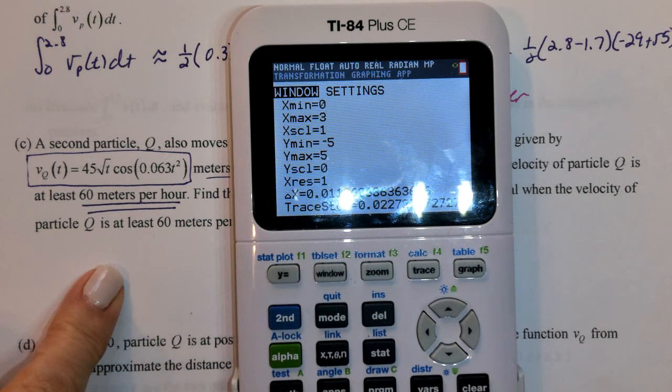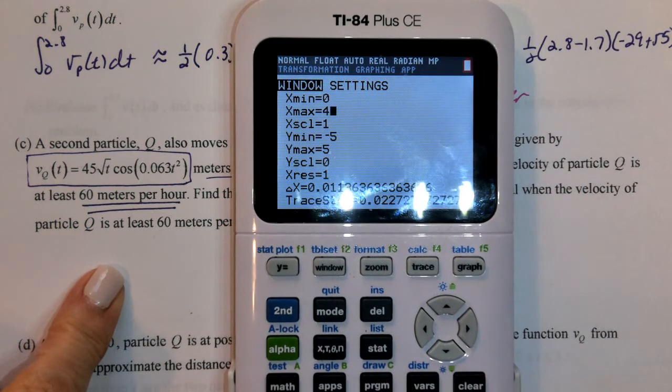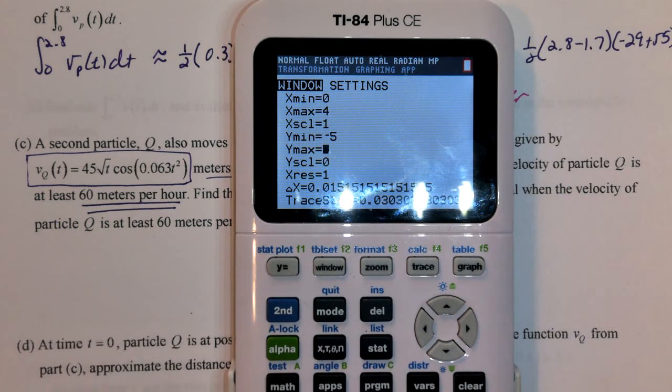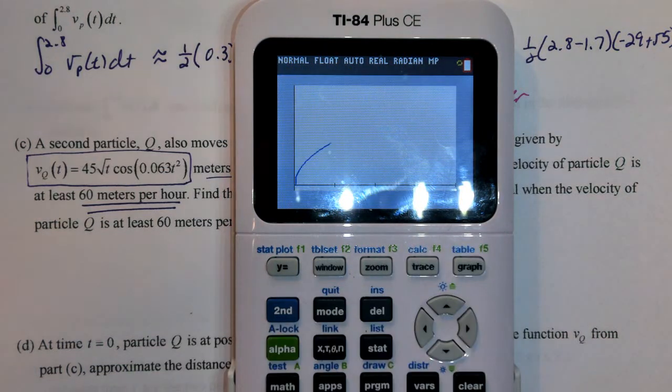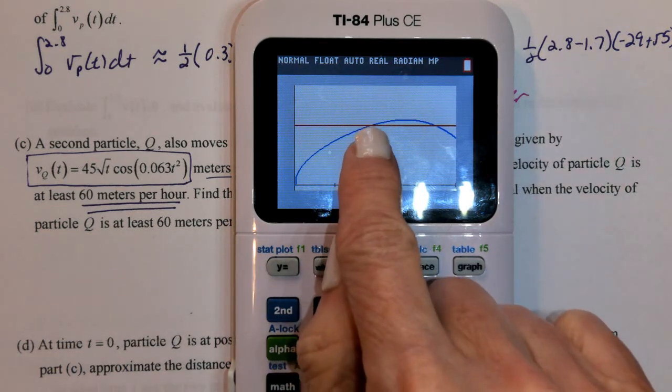So 0 to 4 for my window. For my y max, I know I need to go bigger than 60, so I think I'm going to go to 100, see what happens. That wasn't bad.